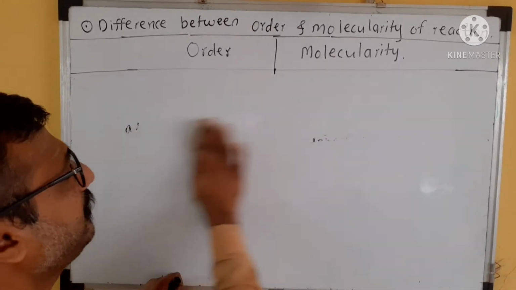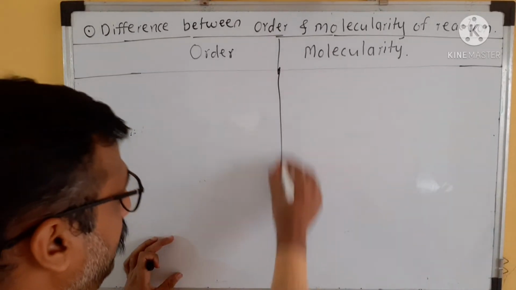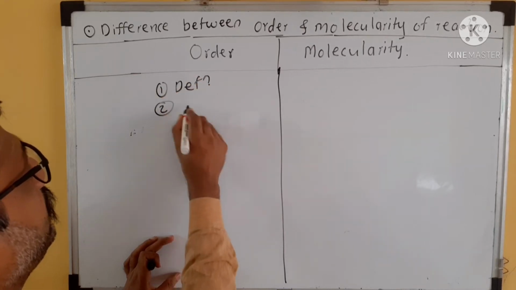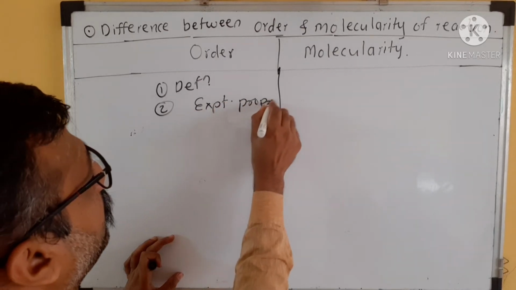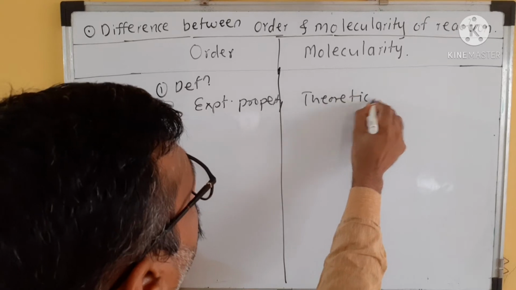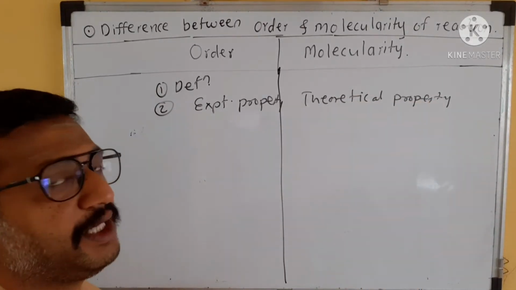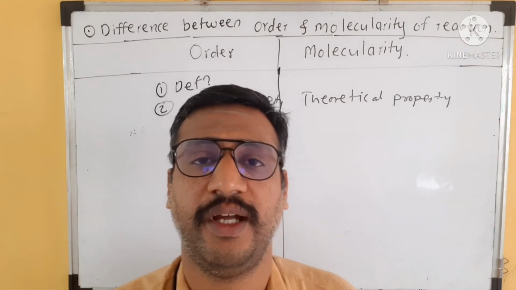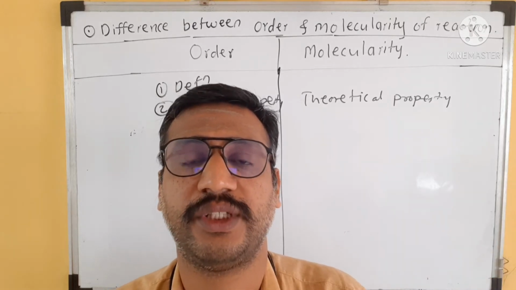Now the second point. The first point is the definition, which was just told. The second point is that order of reaction is an experimental property, and molecularity of the reaction is a theoretical property. To determine the order of reaction, an experiment has to be performed. A and B react together, and we study the rate of reaction against concentration.